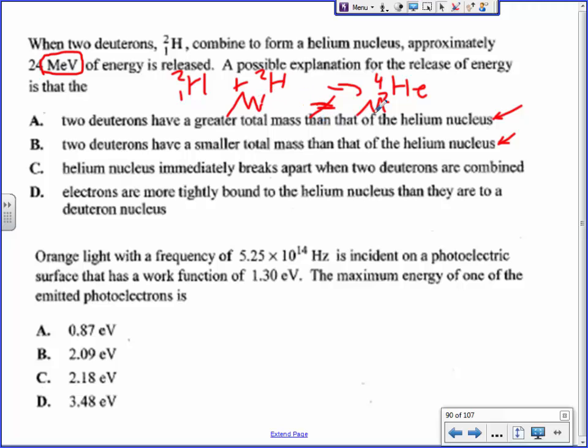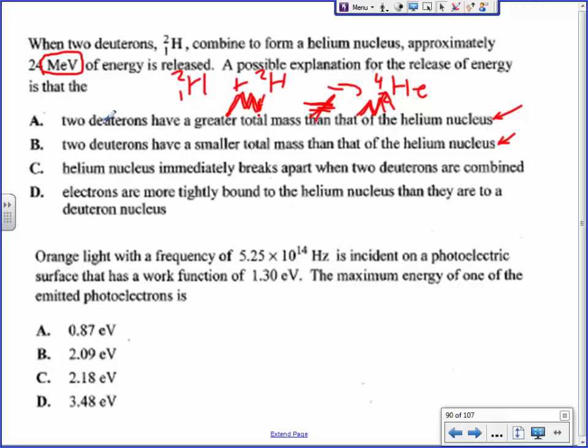Well, it better be the helium side right here, because there must be a missing amount that then got released. Does that make sense? Whatever mass you have on this side is not the same as the mass you have on this side, because for some reason this one's heavier, right? And so that missing mass must be in the form of energy.